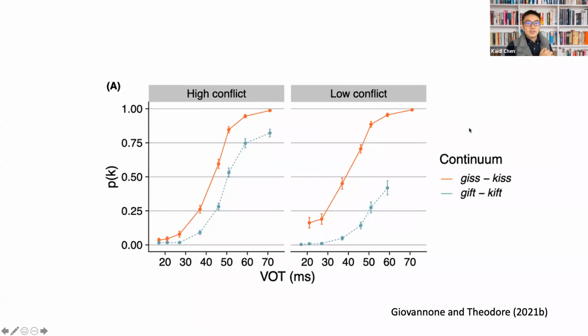And here is the aggregated graph. It showed that listeners got the same conflict effect in single word stimuli. The context effect is larger in the low conflict condition compared to the high conflict condition.